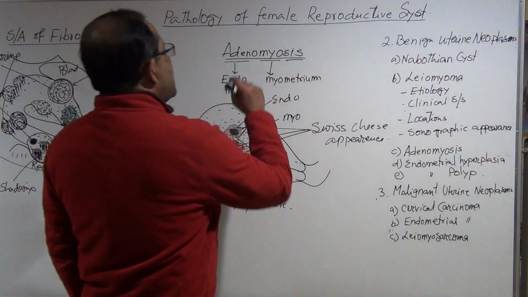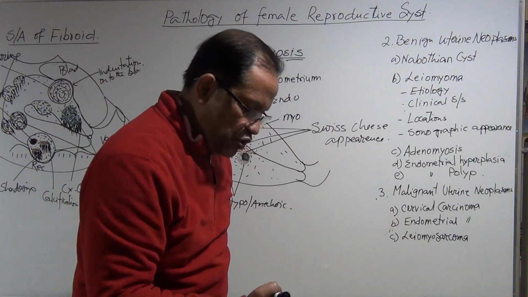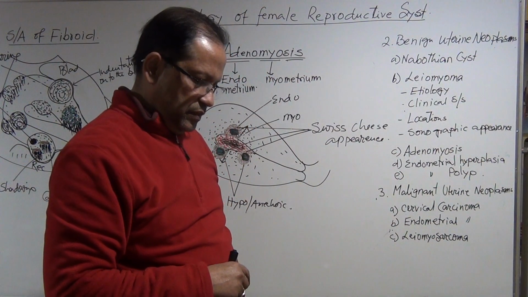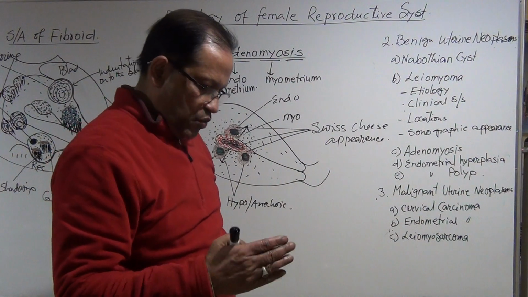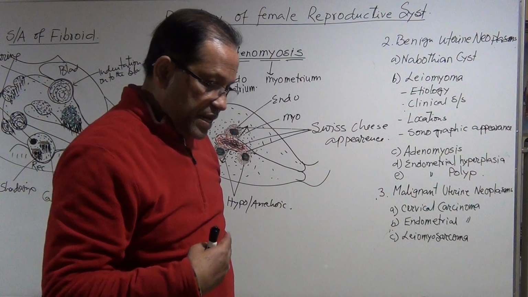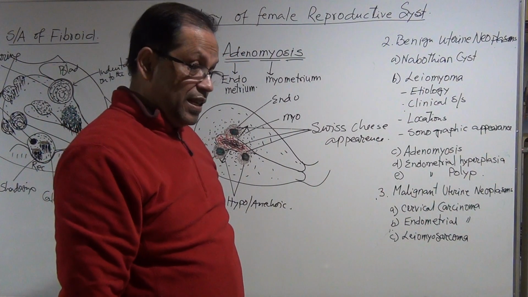So this is adenomyosis. So patient age group is 40 to 60. And patient will have painful period and irregular bleeding. Uterus could be enlarged.